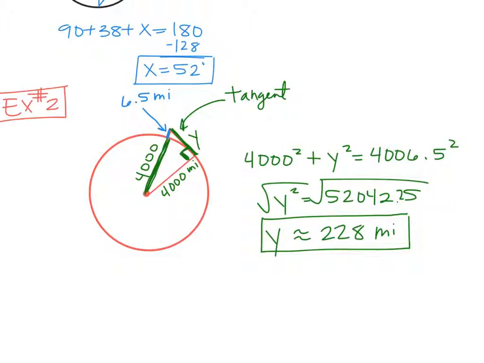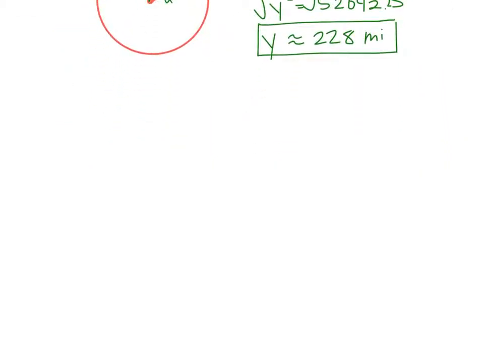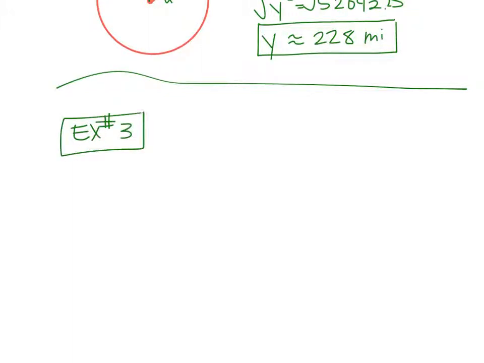Okay. If you checked out for the first examples, you need to check in right now, because I promise you're going to see this again, and people always do this one wrong. So pay attention so that you've got this. Here's what we're doing. Example 3, you have a circle.